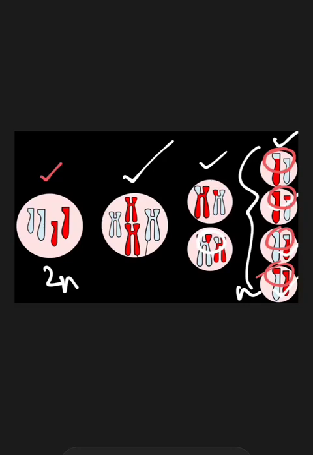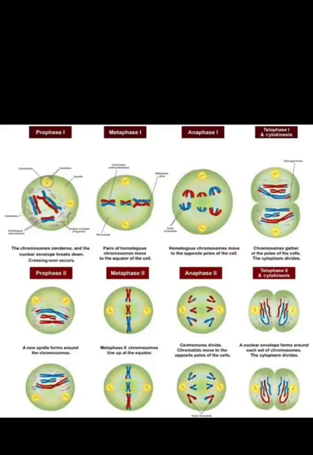Now we will go into the stepwise details of meiosis. We will discuss the total process of meiosis. To begin with, meiosis is broadly divided into two phases, meiosis 1 and meiosis 2.